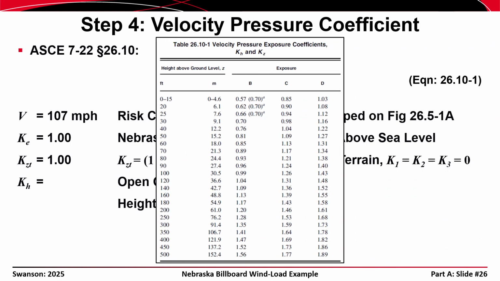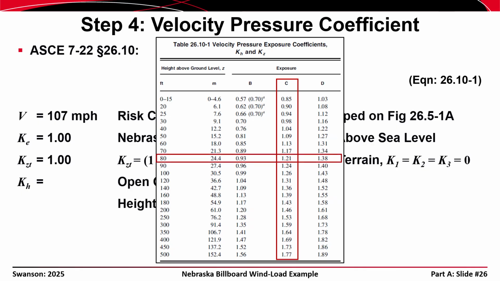With that, we can determine K sub Z or K sub H by referring to Table 26.10-1, shown here. With an exposure C, we can select coefficients from this column and at an elevation of z equals 80 feet above ground level, we can select from this row. So for this case, K sub z equals 1.21.